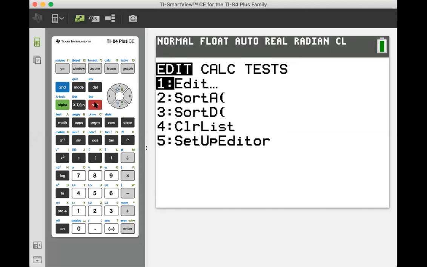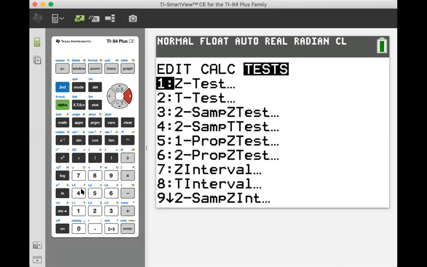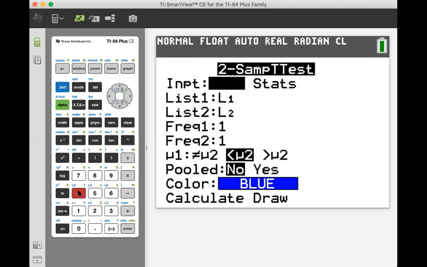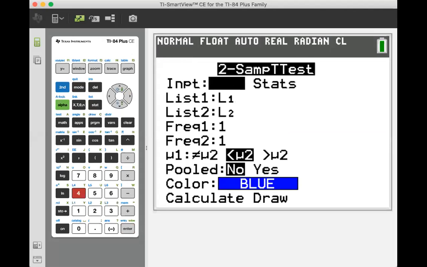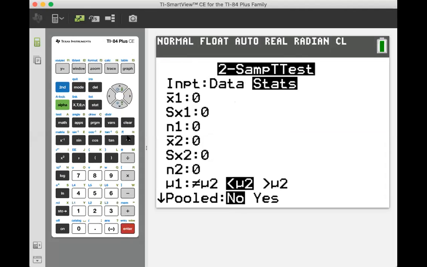We're going to go to STAT, right arrow to TESTS, and we want number 4 in this case, 2-SampTTest. And let's go back and set up stats here, because we do have the statistics. And so now we need to run this with the set of statistics. So let's put the data in here.